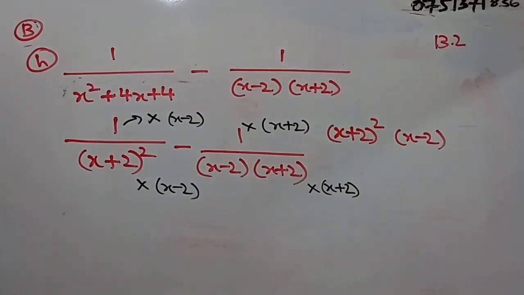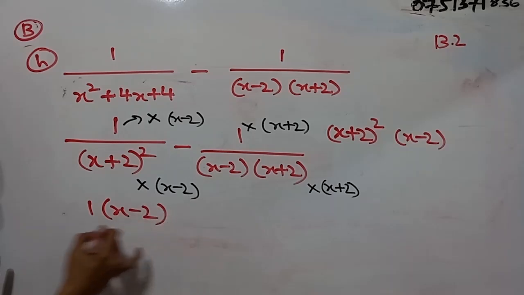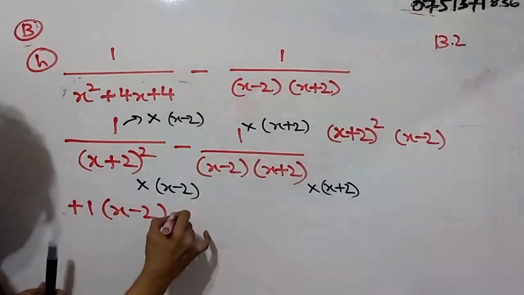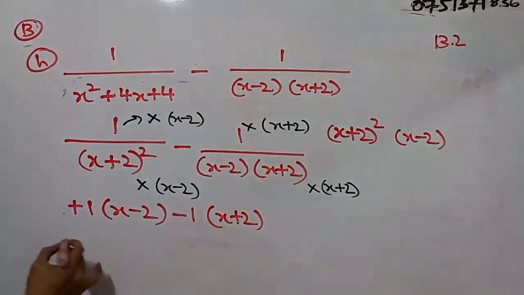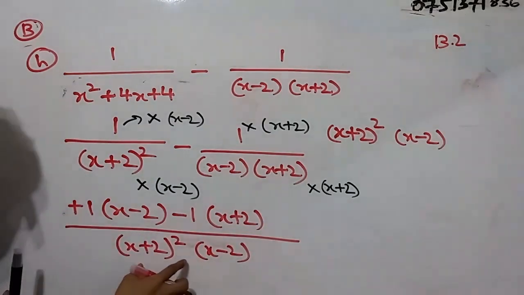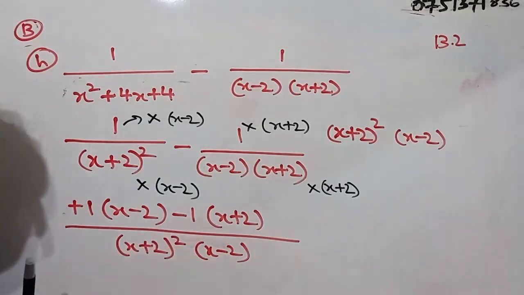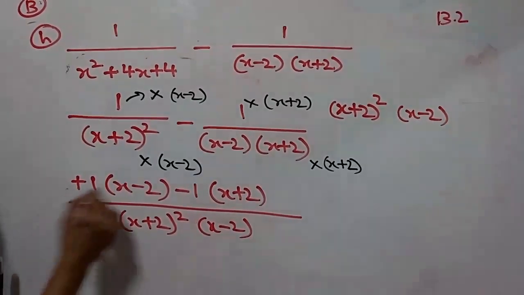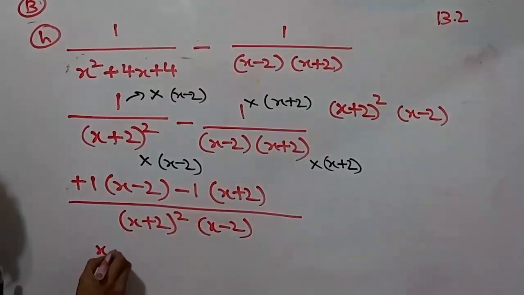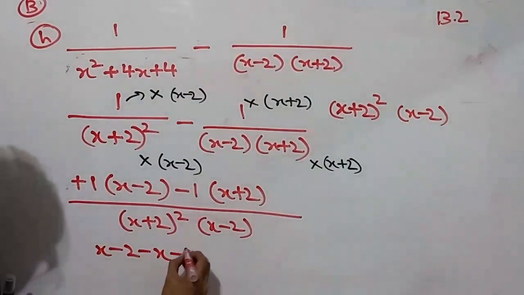Okay. So that means we have 1 into x minus 2. This is positive, minus 1 into x plus 2. Then the entire expression needs to be divided by (x plus 2) entire thing squared and x minus 2. So when we simplify the brackets, what do we get? x minus 2 minus x minus 2.